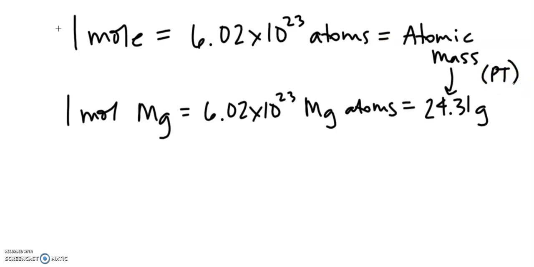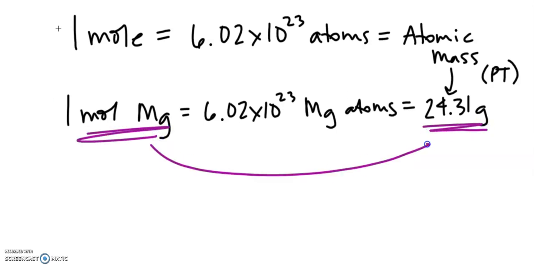So we can use this to convert from grams to moles or to atoms, but everything relates to a mole. So we're going to do this conversion a lot. This is what you're going to see the most, the grams to moles conversion back and forth. You need to be able to do this.